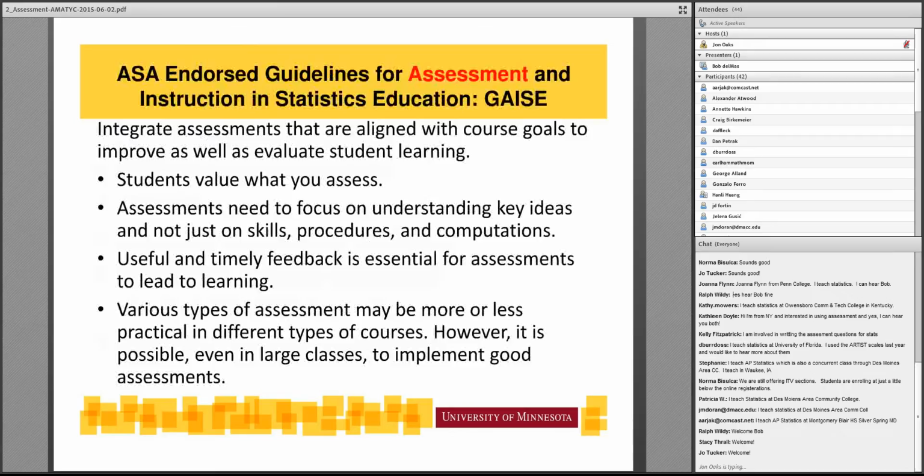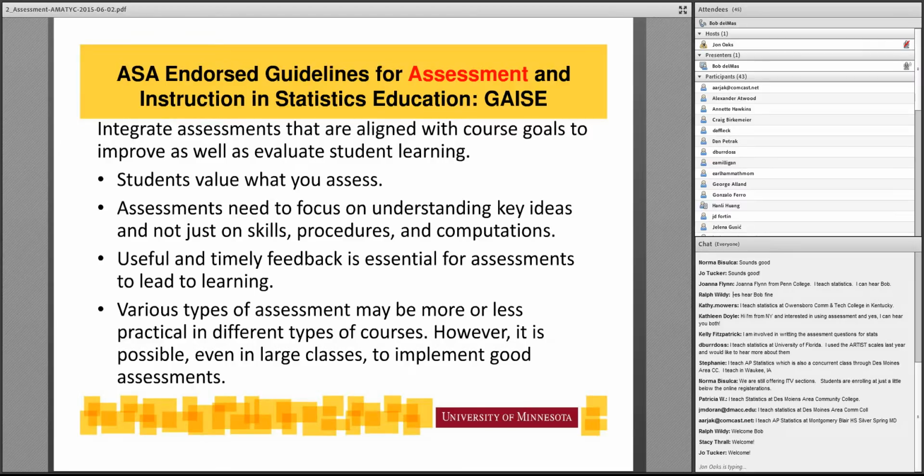All right, moving along. The ASA guidelines for assessment and instruction have the following to say about assessment. The recommendation is to integrate assessment into the course, aligned with the course goals. This is based on evidence that students value what you assess. So if you want them to learn something, then you better assess them on it.